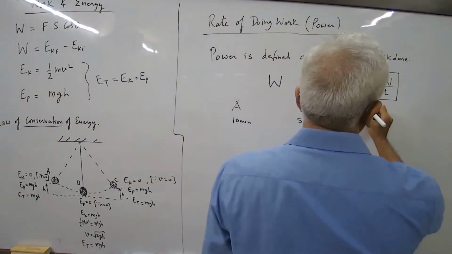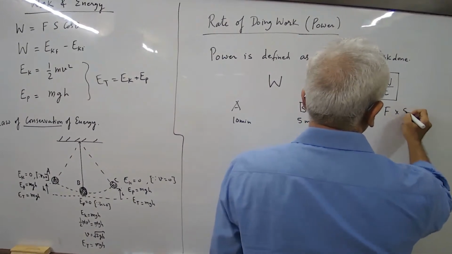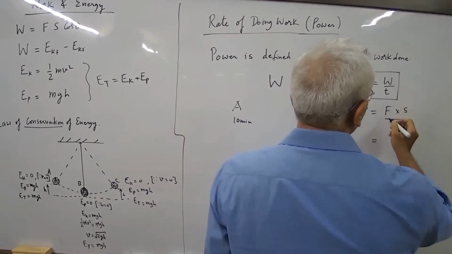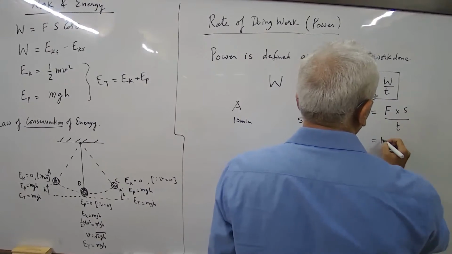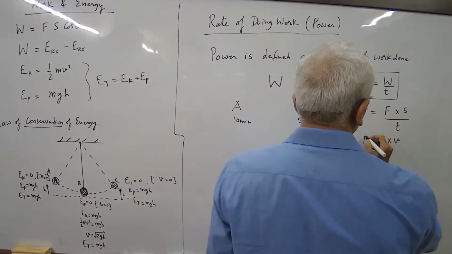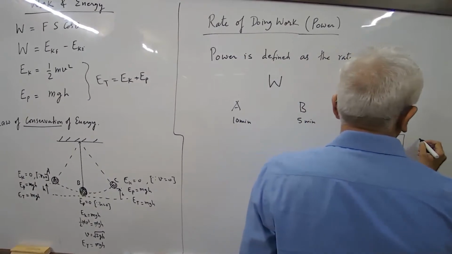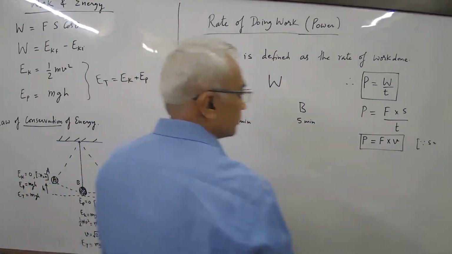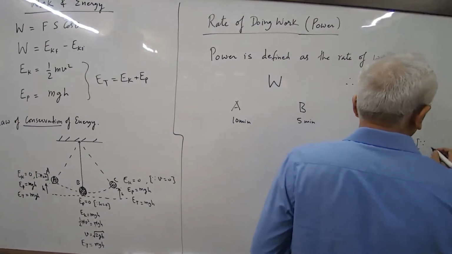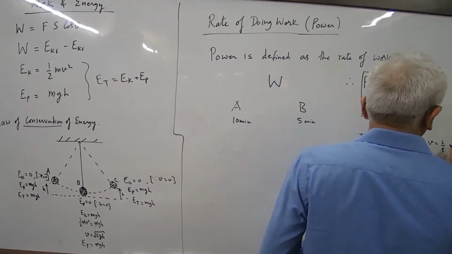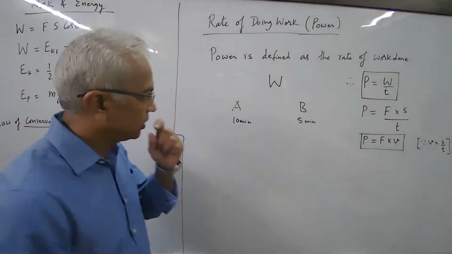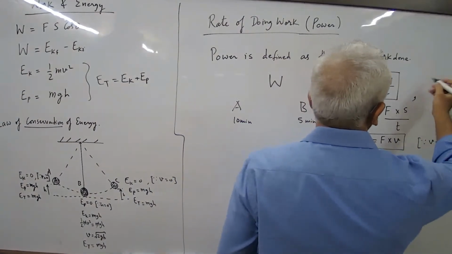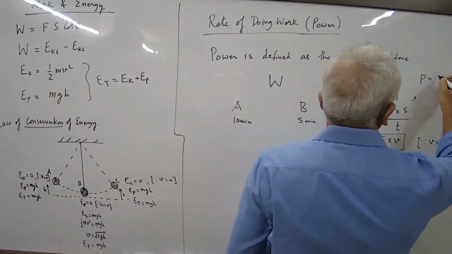Further, we can write, now what is W? F into S, and this T. Because work is force into displacement, and S upon T is velocity. Hence, V is equal to S upon T. So these are different formulas for power, and we also know that work is same as energy.